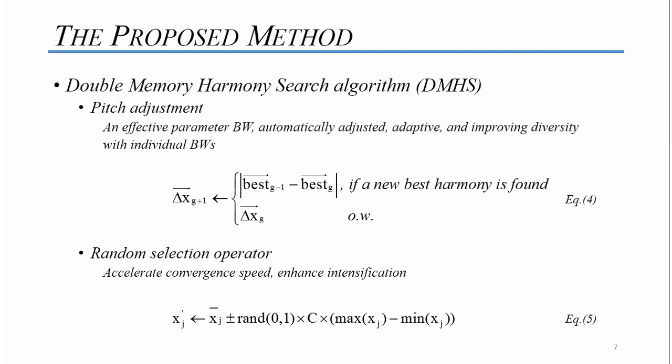So, in this study, a new method is introduced to improve the performance of random selection step. In doing so, it is calculated by considering the mean of jth decision variable as the base and random value between its maximum and minimum values. The equation number 5 illustrates the mathematical explanation of this strategy.